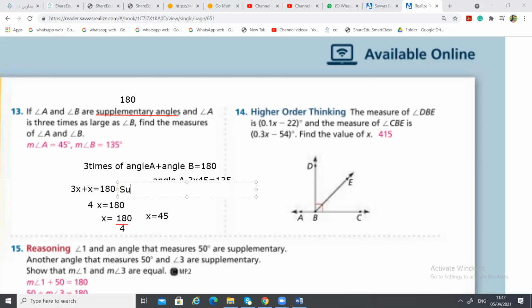I'll just write SUPP so that you know this is a supplementary angle. 4x equals 180, x you got as 45. So I wrote let angle B equal x. So angle B is 45. So 3 times 45 is 135. That is angle A. Any question?